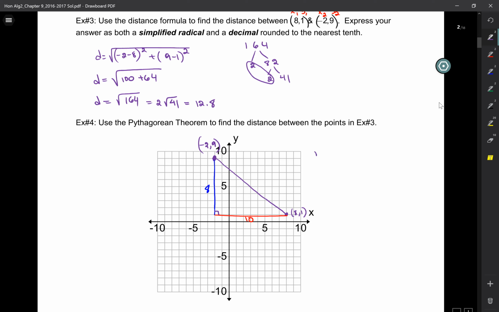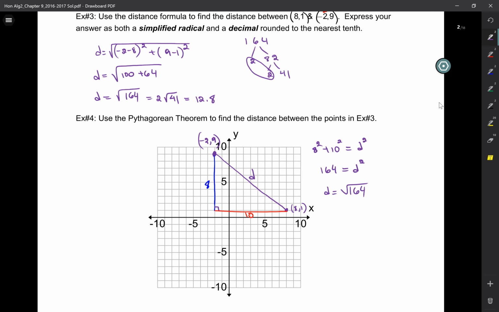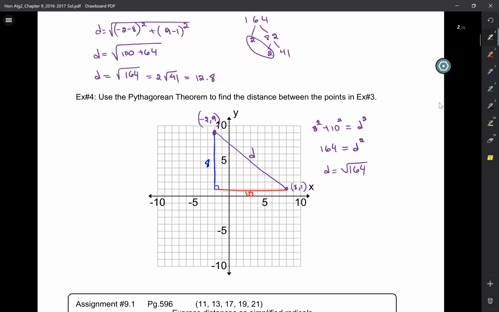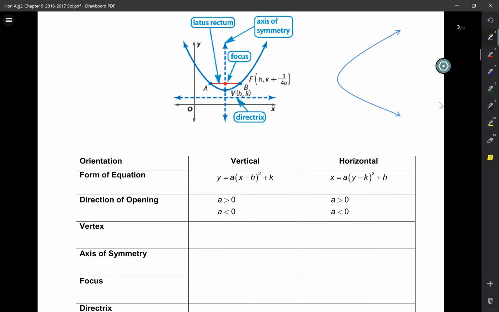Well, it's going to be 8 squared plus 10 squared is equal to d squared. So 164 is equal to d squared. And what's d? Oh my God, it's the square root of 164, which is what we did before, right? So it just illustrates where the distance formula comes from. Okay? And look at that, 7 minutes flat for section 1.